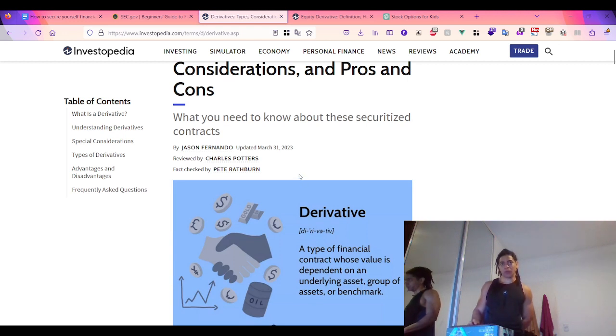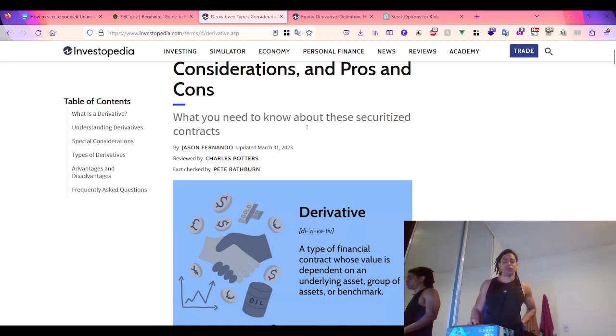For example, employee stock options refer to an underlying asset, which is the company stock in the relationship between company and employee.